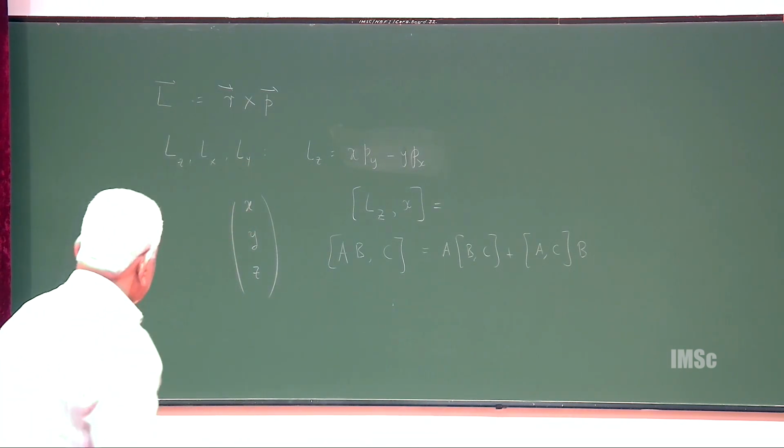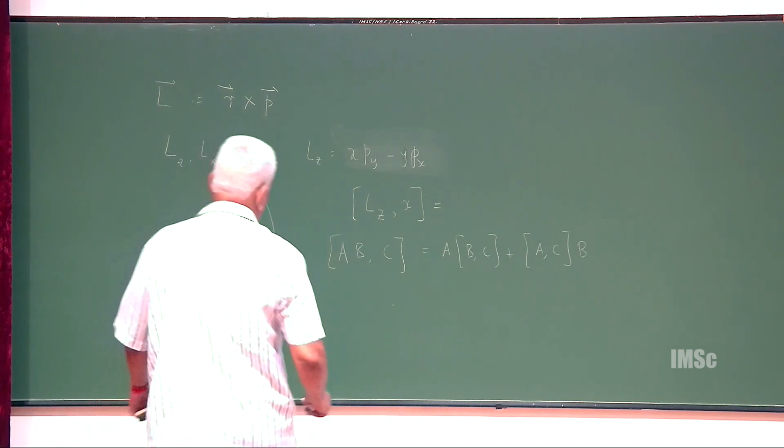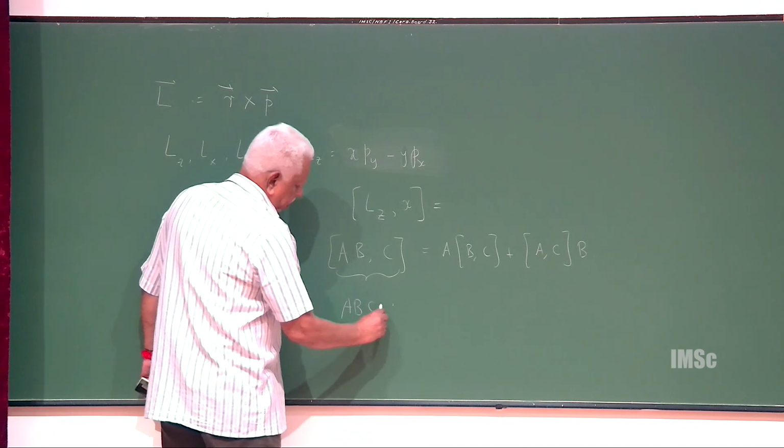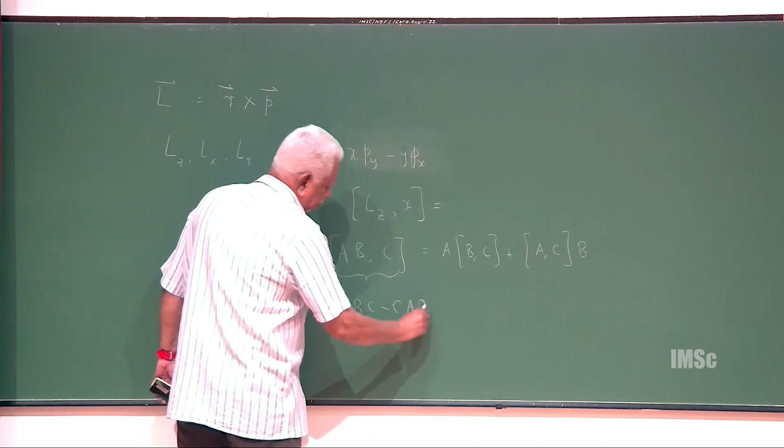This is using the fact that the commutator of AB with C is ABC minus CAB.